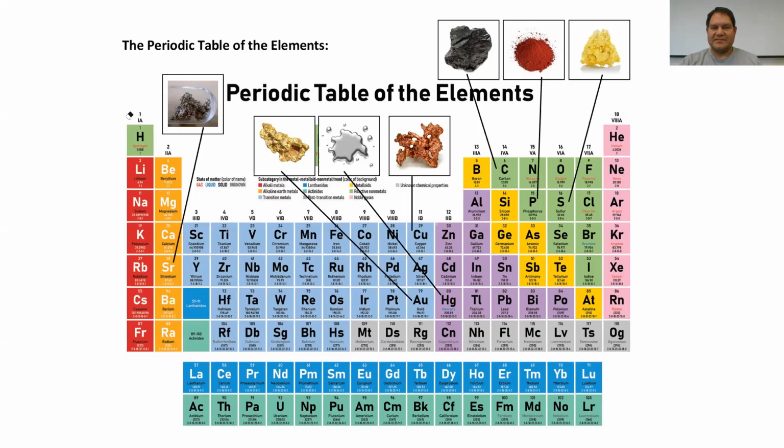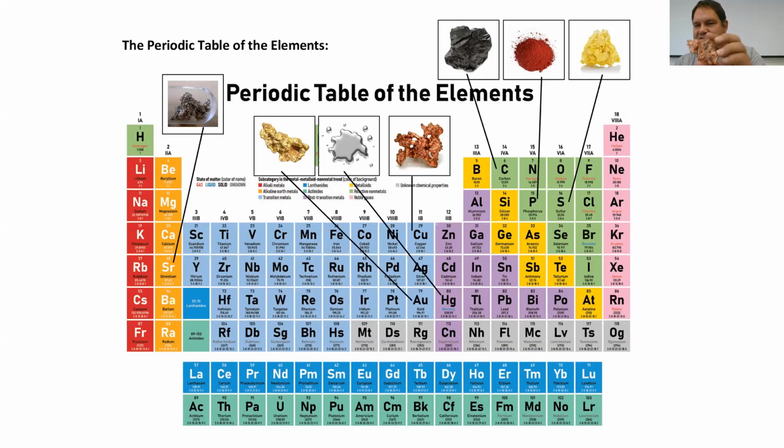And I've listed some pictures of some of these elements on the table, like strontium and what strontium looks like, and gold and mercury and copper and sulfur, phosphorus, and carbon, okay?